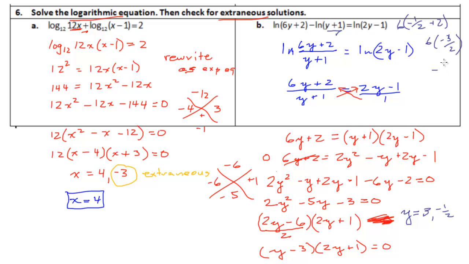This would be a negative number, negative 18 over 2, which is negative 9. That's not going to work. In this, negative 1/2 won't work. Bad. And so negative 1/2 is extraneous.